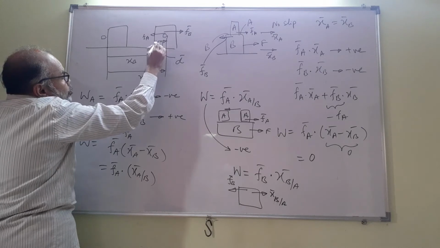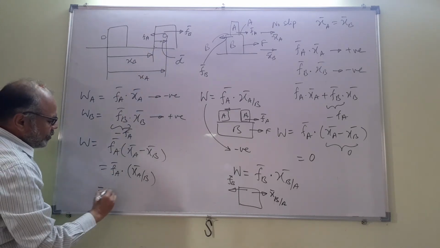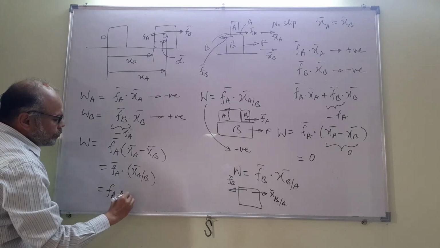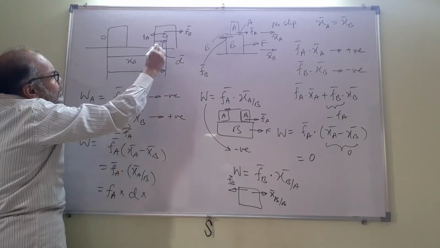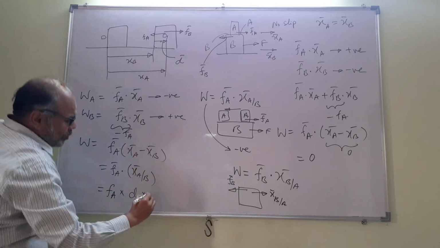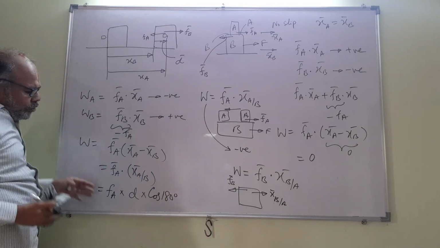The bullet has moved to the right with respect to the block. So this will be Fa into D into minus 1, because D and Fa will be cos of 180. That will be the total work done.